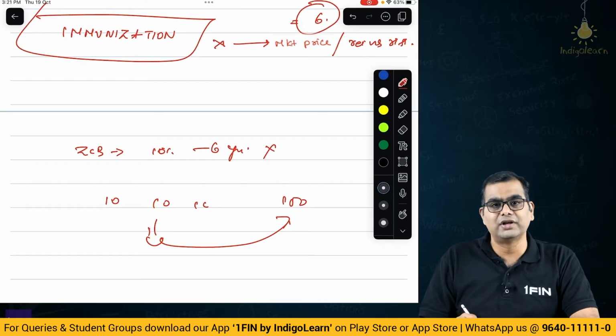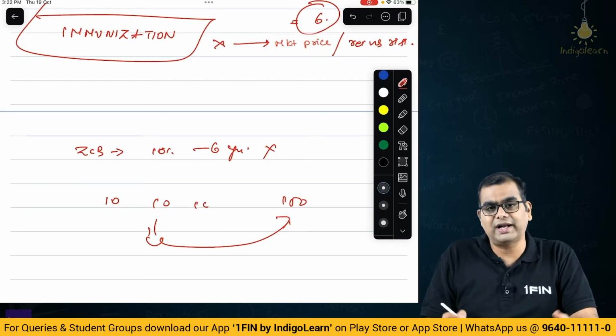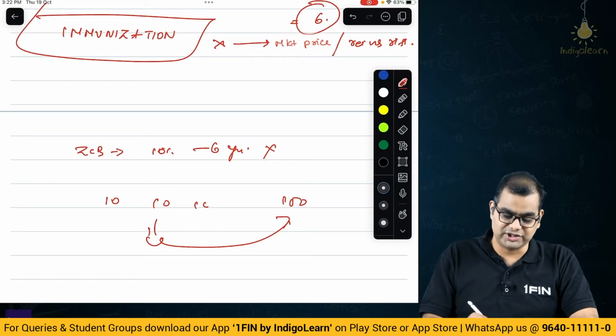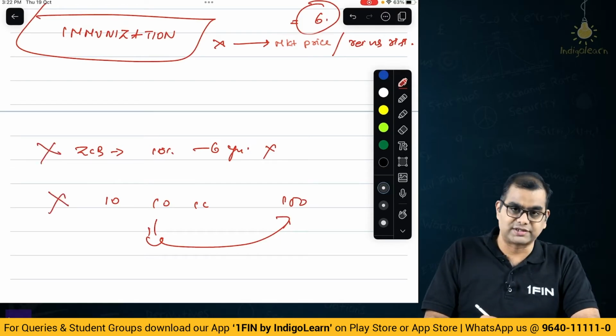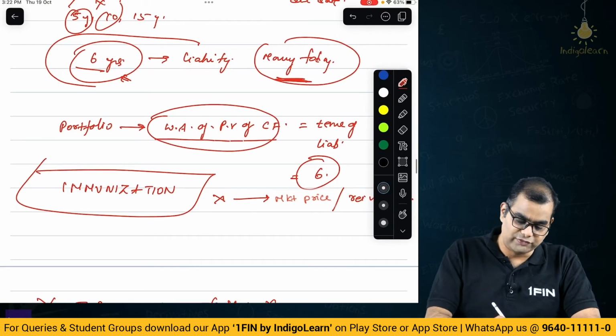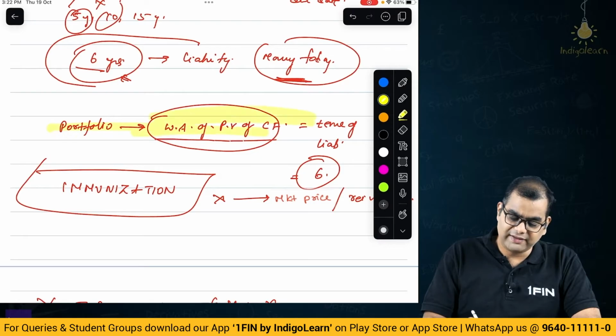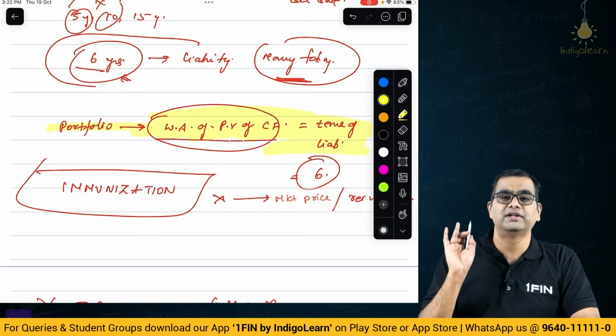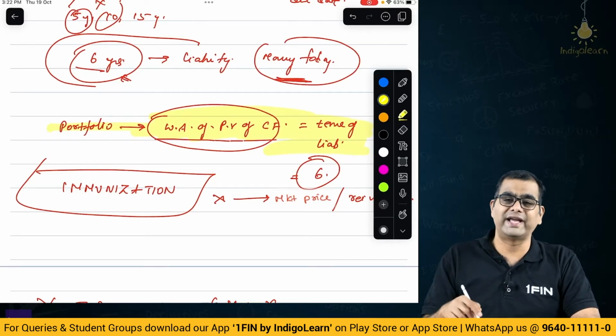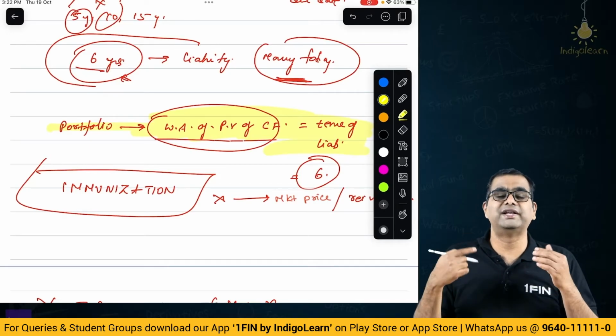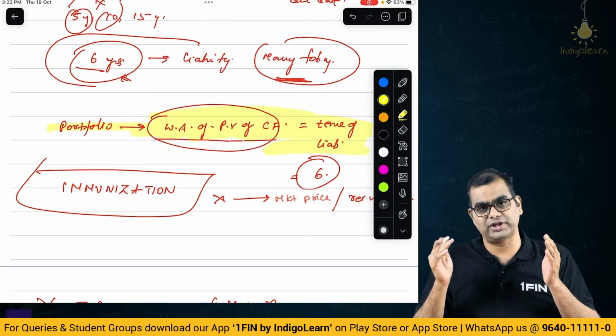How will that happen? It does not happen in the real world. So instead of doing this, you will rather invest in a portfolio which has the weighted average of present value of cash flows equal to the tenure of the liability. Then you have immunized a portfolio against any changes in market prices or reinvestment risk of the principal if the bond is maturing before.